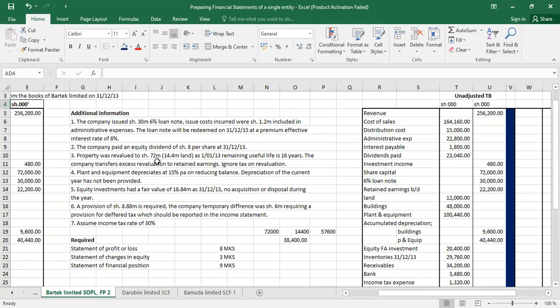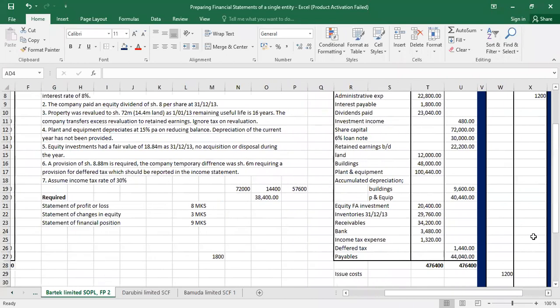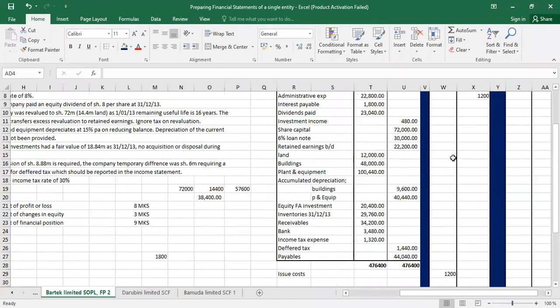Then we go to note number 3. Property was revalued to 72 million, 14 million being land as at 1st January 2013. Remaining useful life is 16 years. So we come to our trial balance. Land has been revalued to 14,400, isn't it? Because the value here is in millions and here it is in thousands.